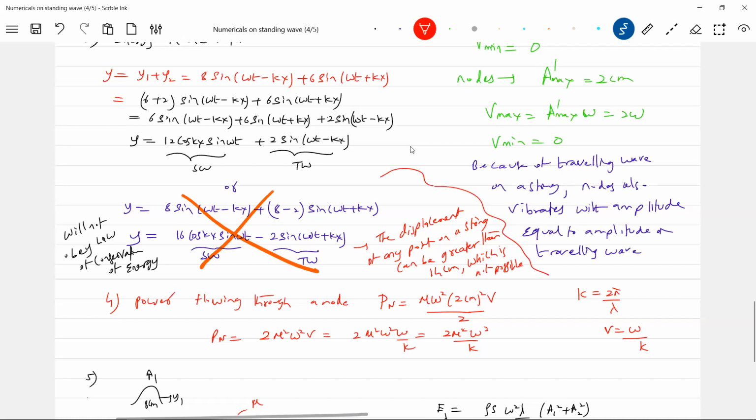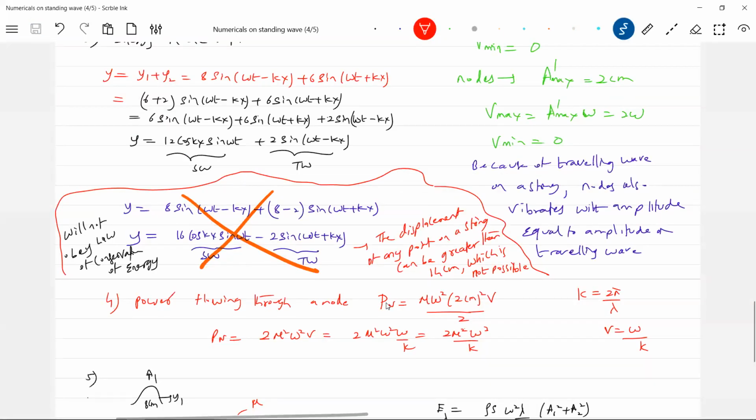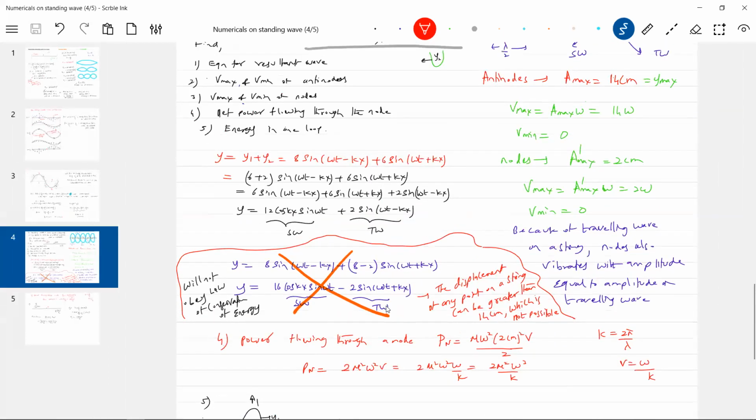Okay. I'm writing all the reasons it is not possible. Okay, I agree with this one. So these are some energy aspects. I just brought nearly 3-4 problems.